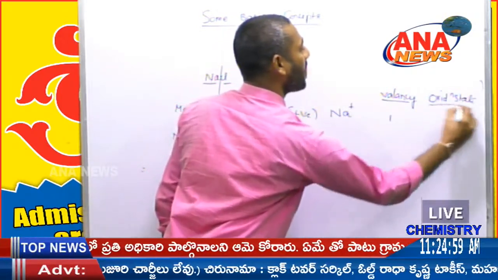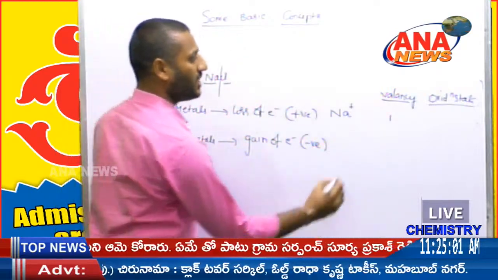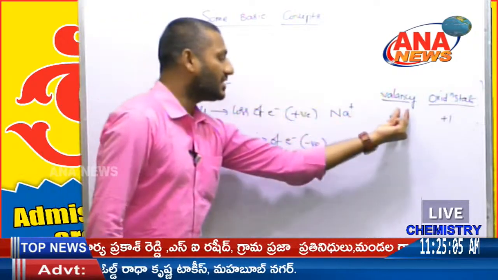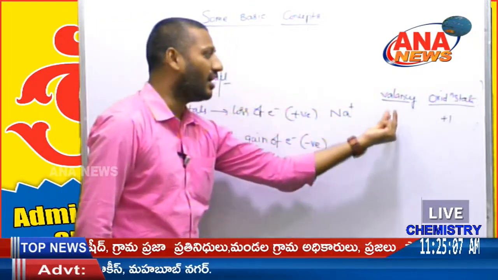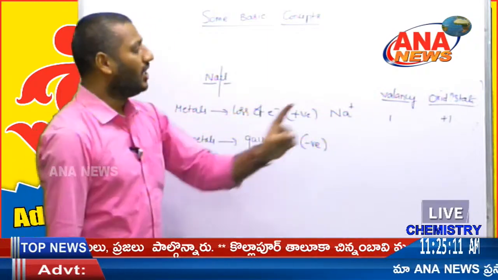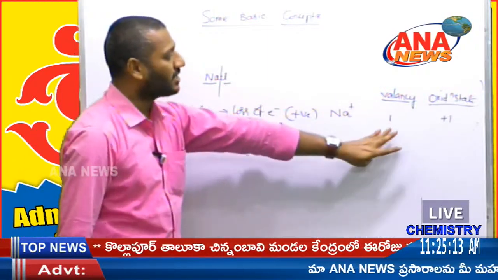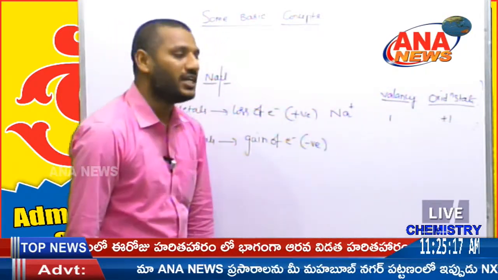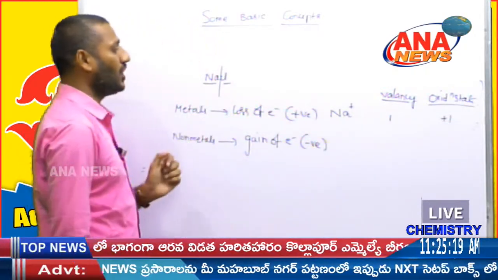What is the oxidation state? It is +1. So how can you differentiate valency and oxidation state? By the sign only. Without a sign it is called valency; with a sign it is called oxidation state. Then we go to chlorine.